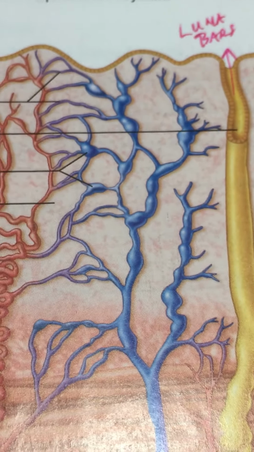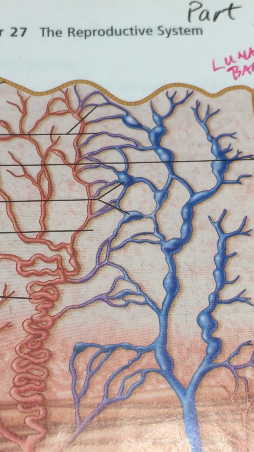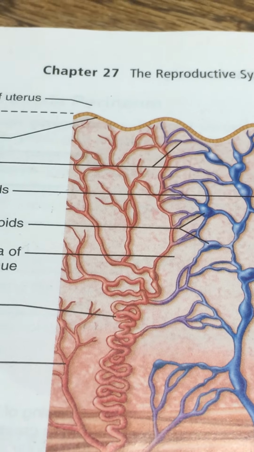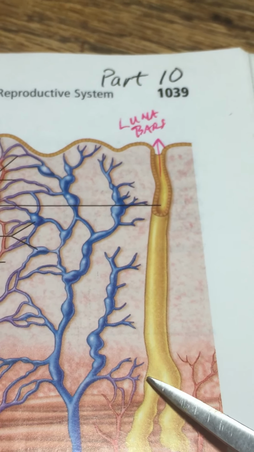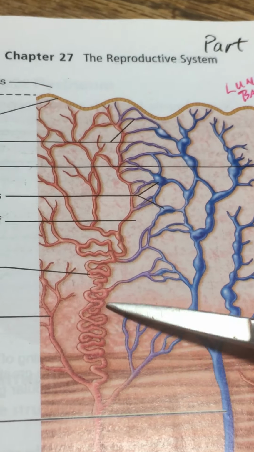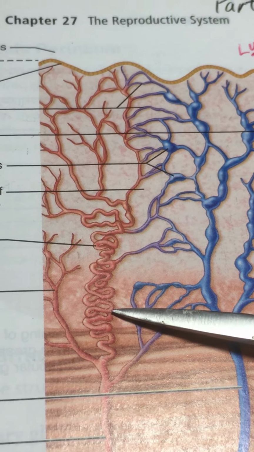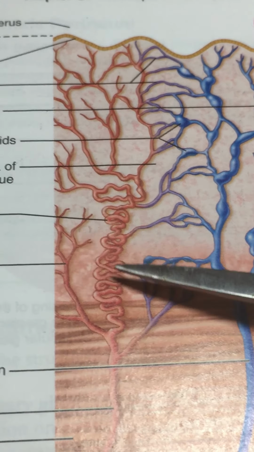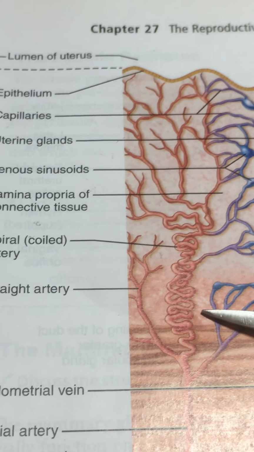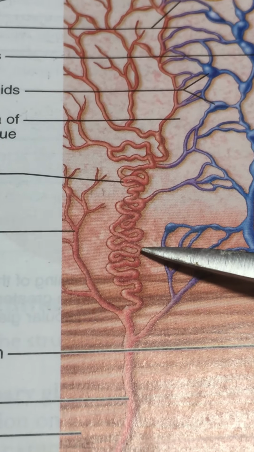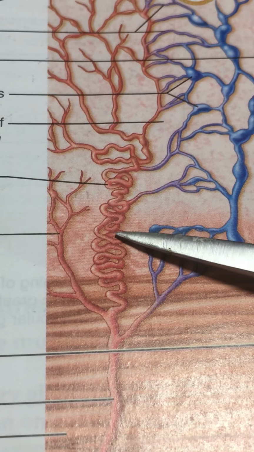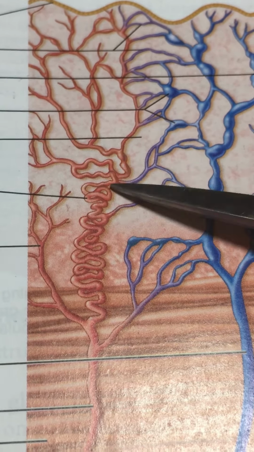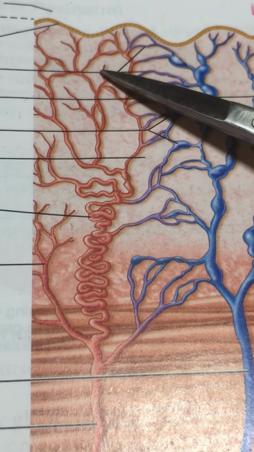And so if there is no fertilization, no implantation, then at some point, usually at a pretty predictable point, around 14 days or so after ovulation, these spiral arteries here will contract, and they'll basically cut off the blood supply and cause ischemia in these outer layers.